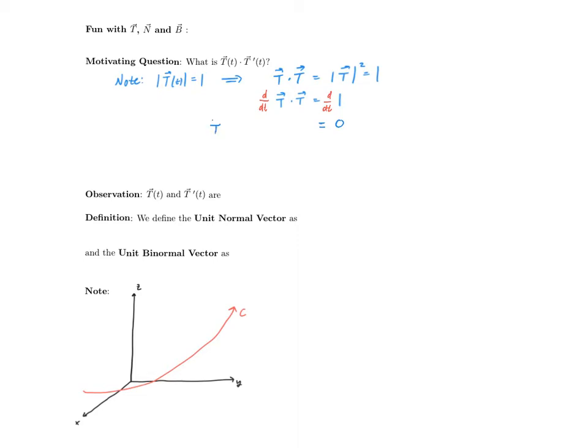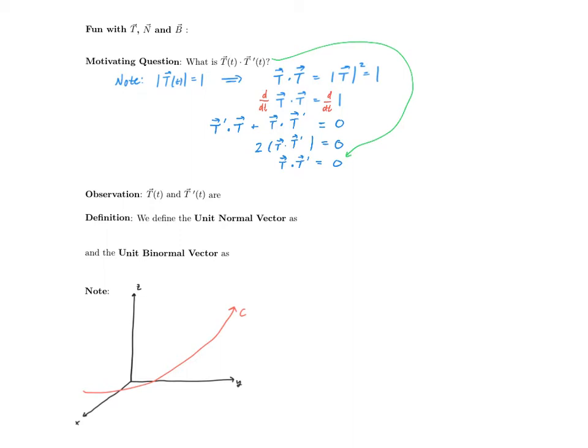We take the derivative of the first, dot it with the second, plus the first dotted with the derivative of the second. The order of a dot product does not matter, so we have 2 T dotted with T prime on the left equal to 0, which indicates T dotted with T prime is equal to 0. So in terms of the question that was asked, we now have our answer.